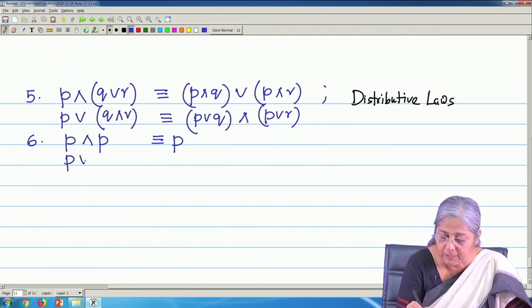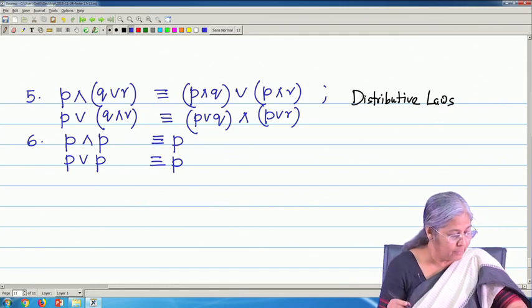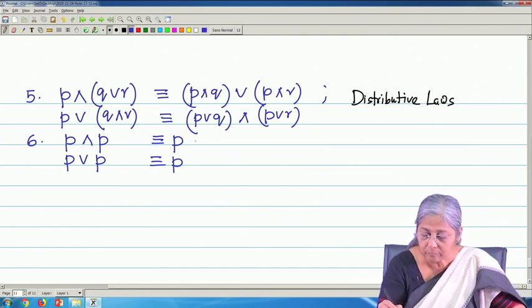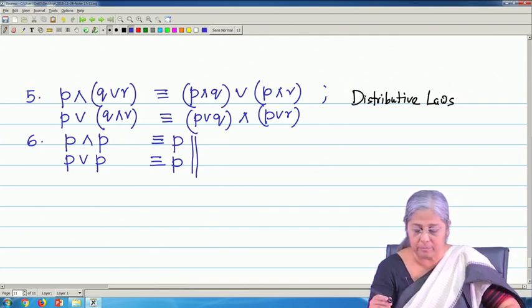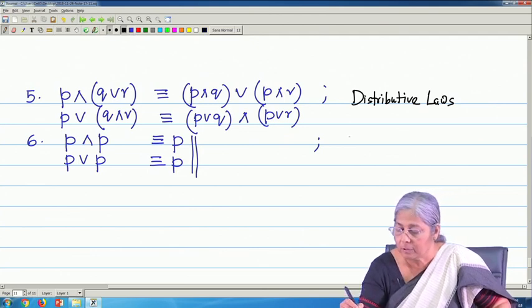Similarly, if I take P or P, it is P. These two are called the idempotent laws.